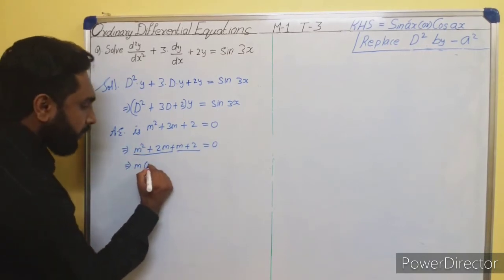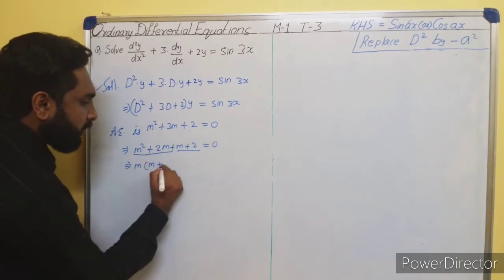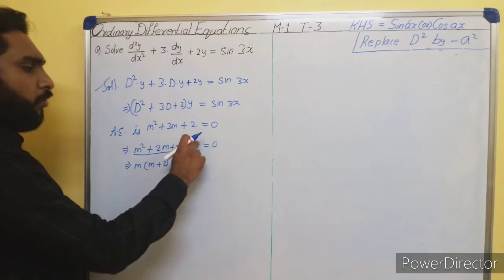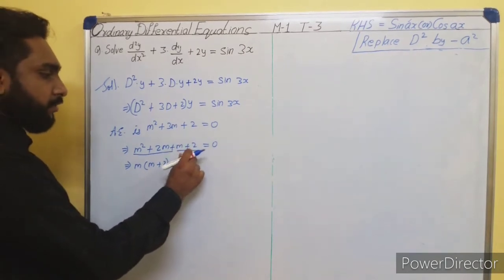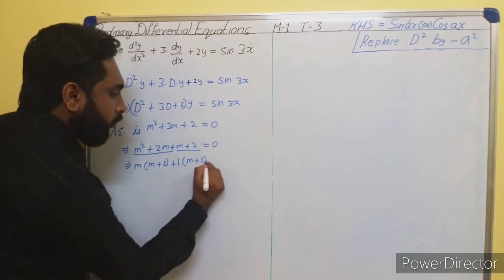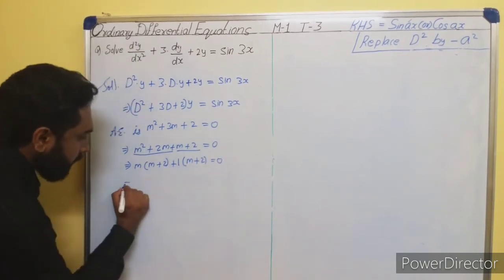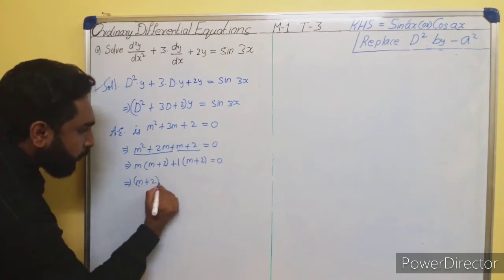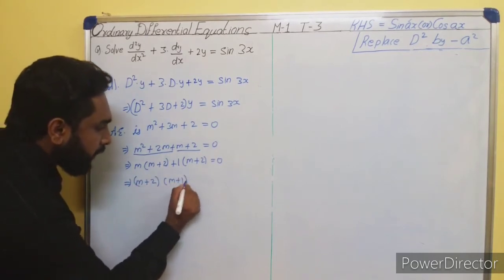So taking m common, m plus 2, plus here m and 2, we don't find anything common, so we can take 1 as common. Then m plus 2 equal to 0. That implies m plus 2 into m plus 1 equal to 0.